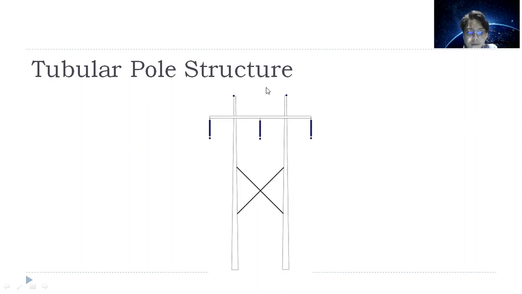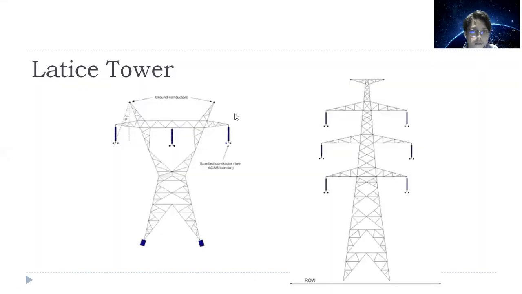In the sketch of a single circuit lattice tower, there are two ground conductors used.